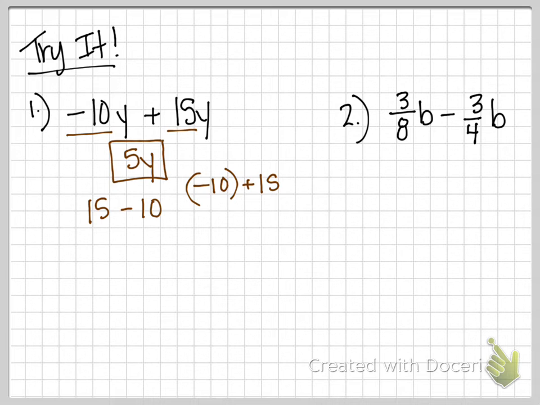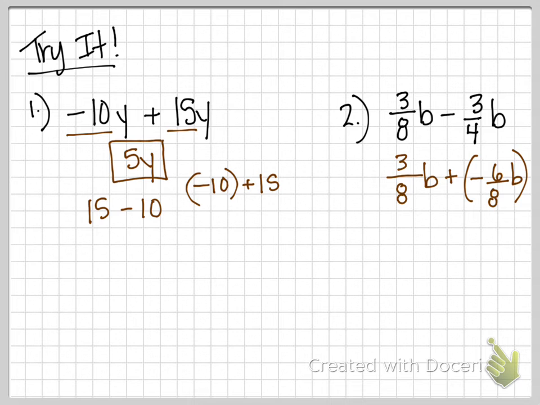What would the common denominator be for these two terms? Kellen? 8. So this first one can stay the same, 3/8 b, and we're going to say plus negative 6/8 b.